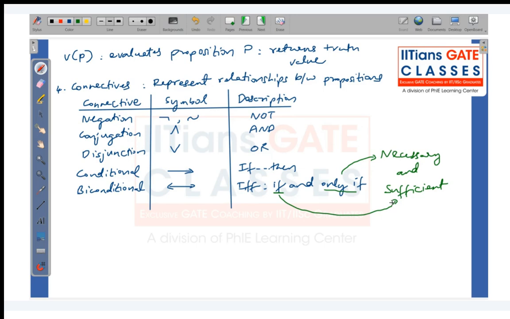Is it clear what I'm trying to say? Necessary and sufficient condition for the consequence to follow the condition.